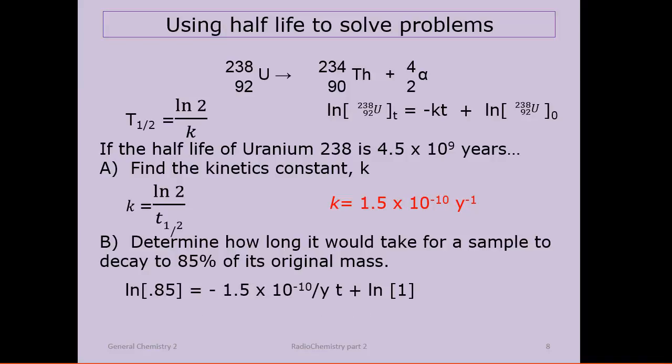The starting amount in this case would be 1 or 100%, and the final amount is 85% or 0.85. Plug and chug, collect your terms, and you end up with 1.1 times 10 to the 9 years, about 1 billion years.